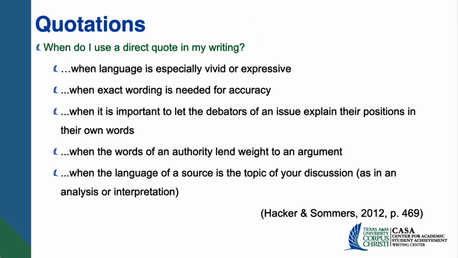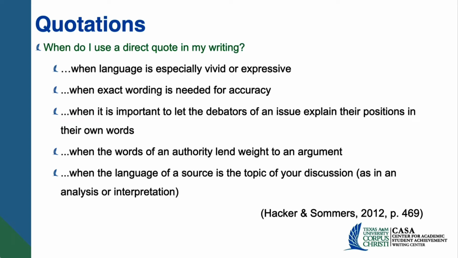So when do you use a direct quotation in your writing? You're going to use a direct quotation when language is especially expressive or vivid. So if you can't write it any better than they've already written it, you can directly quote it. When exact wording is needed for accuracy, when it is important to let the debaters of an issue explain their positions in their own words.